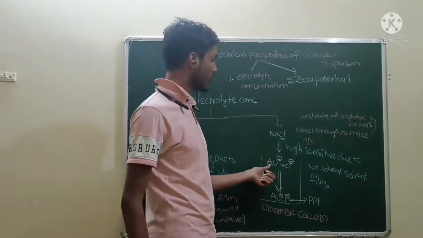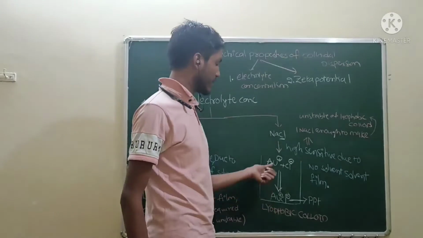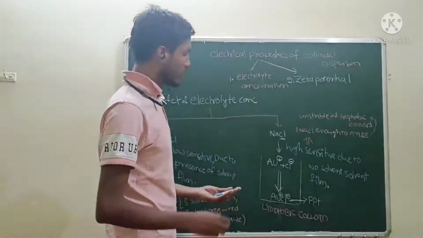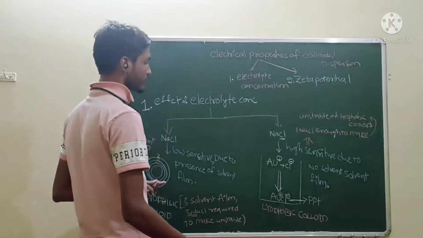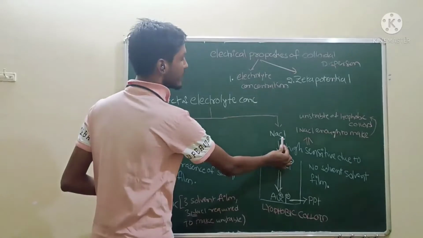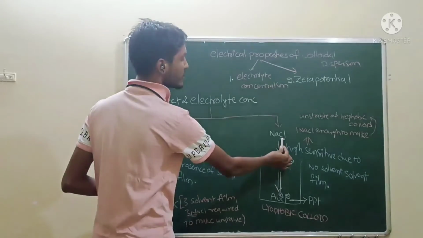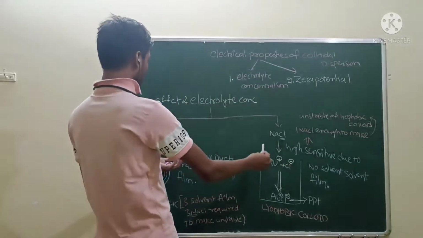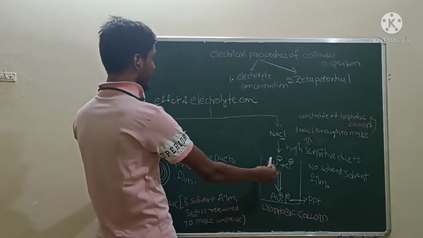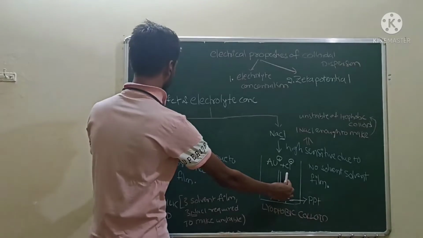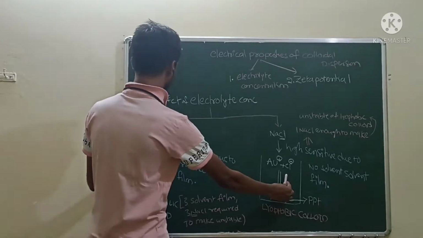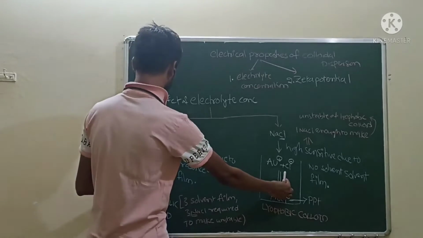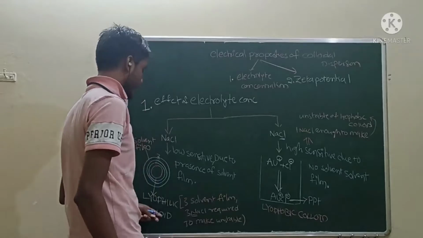The chloride reacts with gold, then immediately there is settling, or formation of precipitate. Now you can compare. Only one chloride ion is enough to make this lyophobic colloid unstable, but 3 chloride ions are required to make the lyophilic colloidal dispersion unstable.